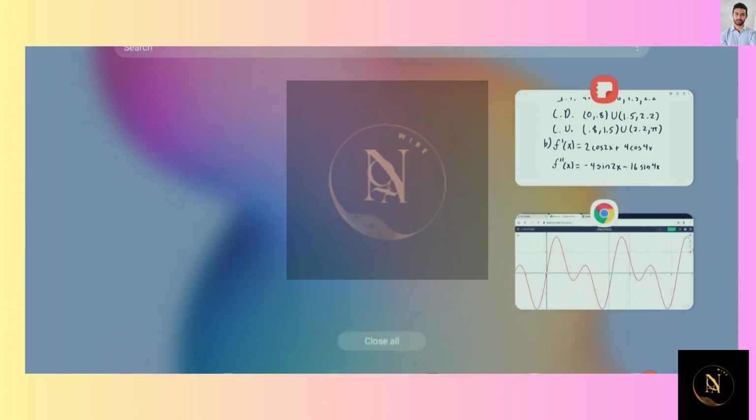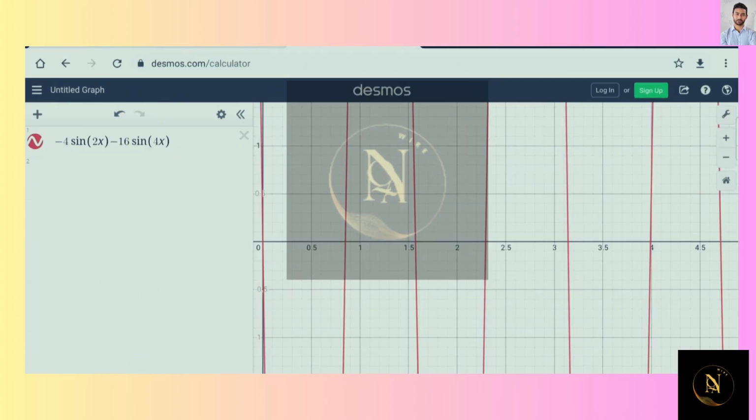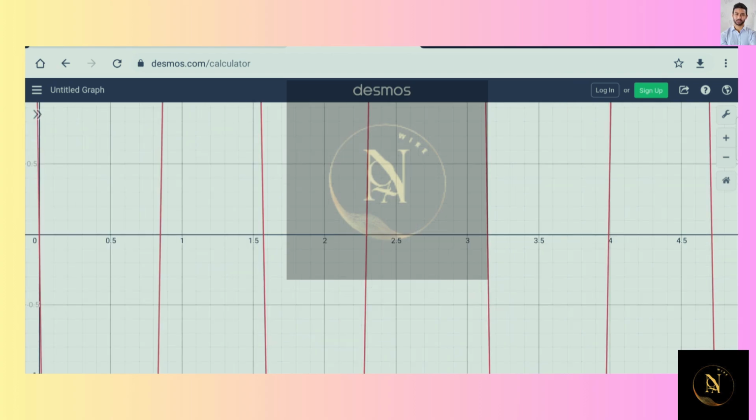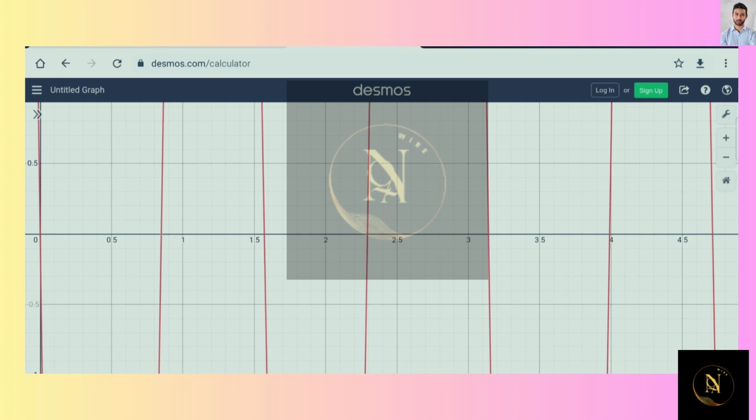So if we go back to Desmos, I have already graphed this. And if we look at the interval from 0 to around pi, you can see that we have 3 different inflection points in between our interval of 0 to pi, and they're at around 0.85-ish.